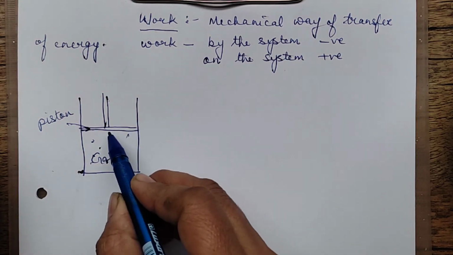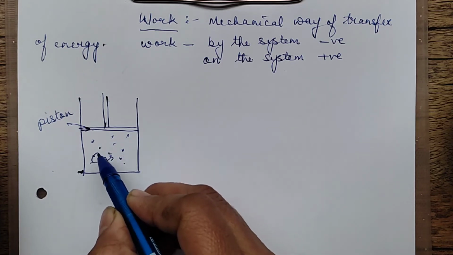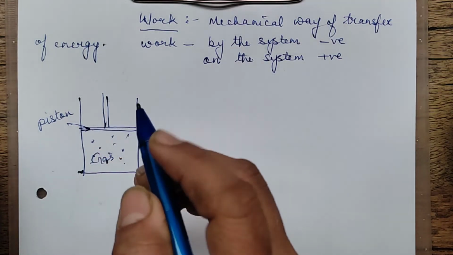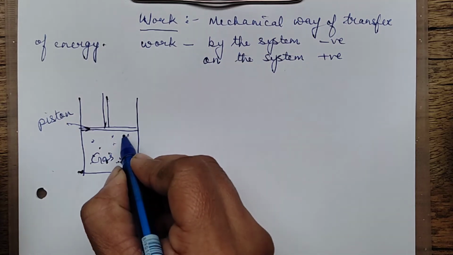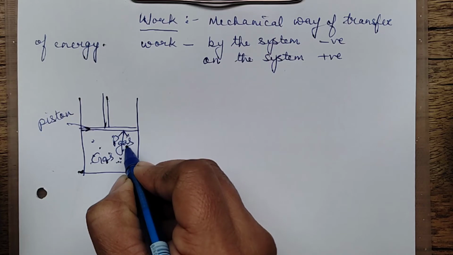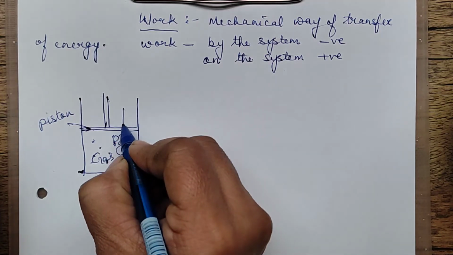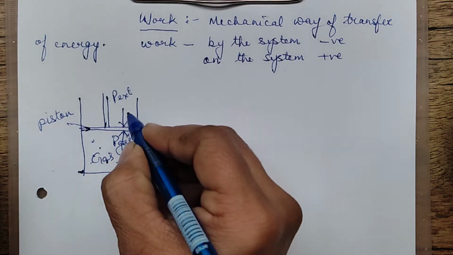Okay. Now there are two things. One, the work can be done by this gas. If it is done by this gas, this piston will go up. In that case, the pressure inside the gas is more. Here there is a pressure, which is the pressure of the gas, which is being exerted on the piston, and here there is the external pressure which is acting on it.